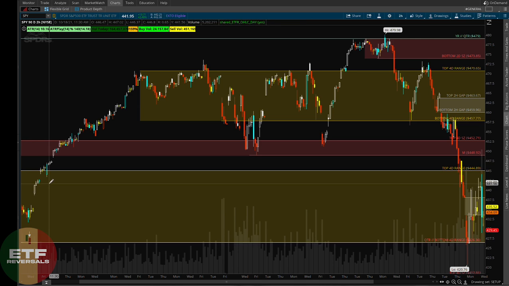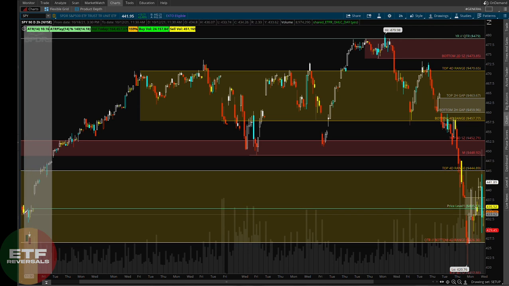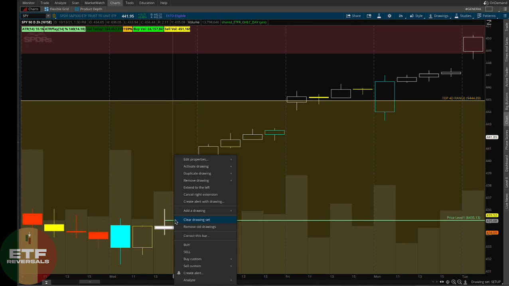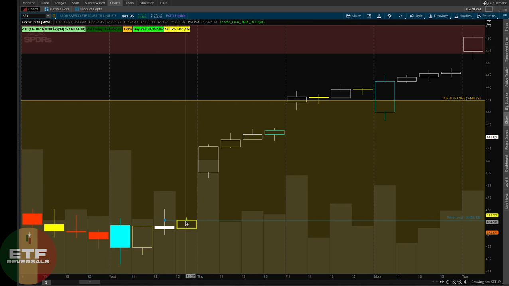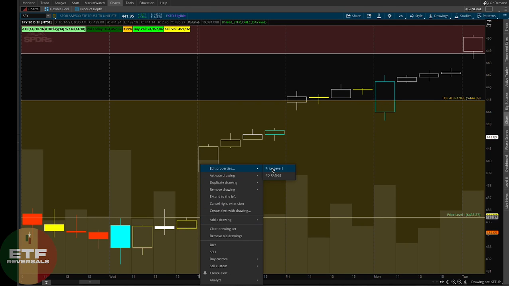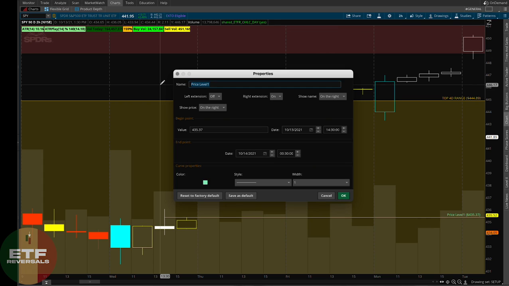So instead of drawing another rectangle, we're just going to drop a price level. So this is the bottom.